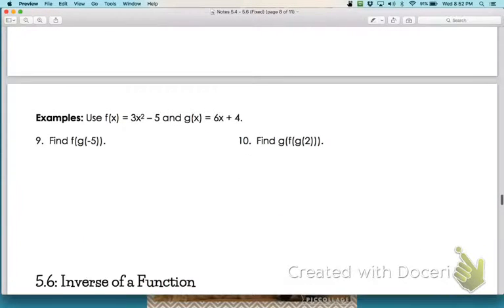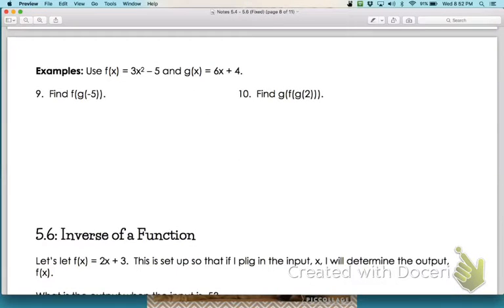Now I want to show you one more example here, okay? And number 9 is exactly the same as what we were just doing, so I'm going to leave that one for you guys to do. Number 10, you'll notice we've got 3 things. We want g of f of g of 2. It just means we have to do 3 substitutions instead of just 1.